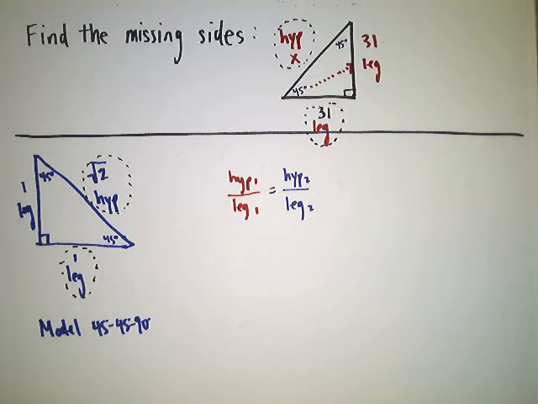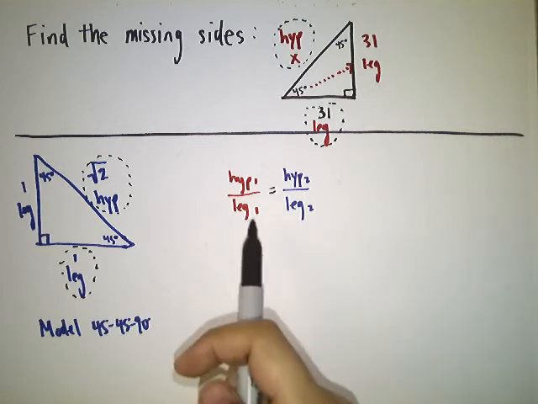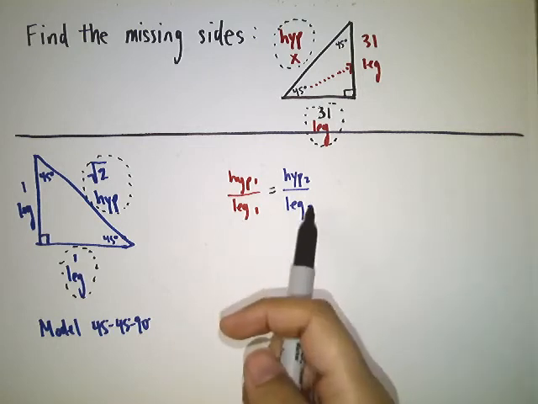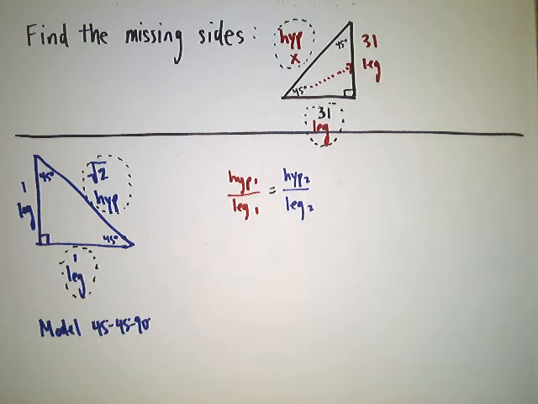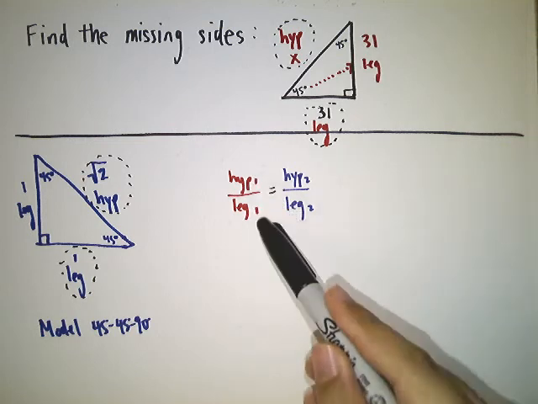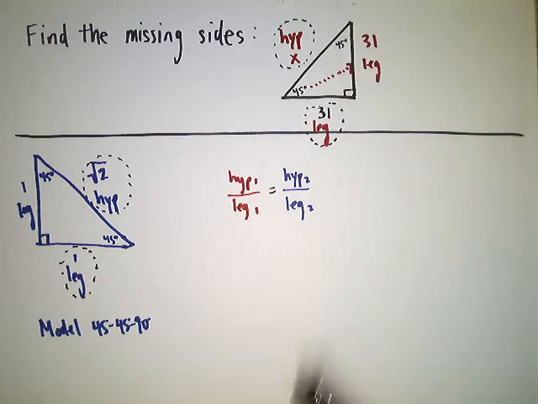Now, some of you may be wondering, does it matter which triangle I choose to be triangle 1, and which triangle should I choose to be triangle 2? Doesn't matter as long as you're consistent. As long as hypotenuse 1 and leg 1 both come from the same triangle, and hypotenuse 2 and leg 2 both come from the same triangle. So let's plug in what we know.